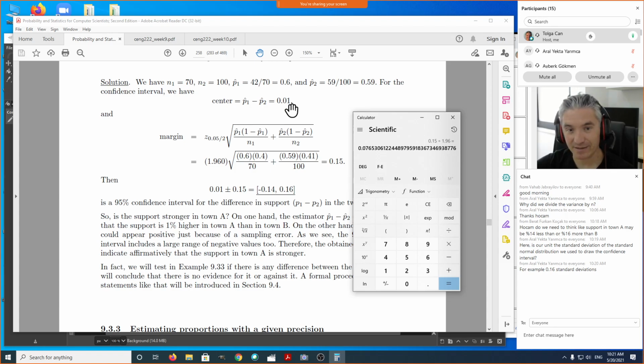This basically tells us that, okay, if this sample size was larger, for example, instead of 70 and 100 samples, if you have taken 700 and 1000 samples, this confidence interval would surely be a shorter confidence interval. And it's something unitless in this case, the difference. The proportion also doesn't have a unit. It's just the frequency.